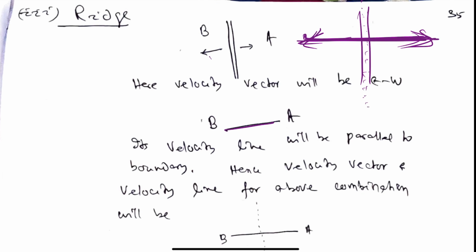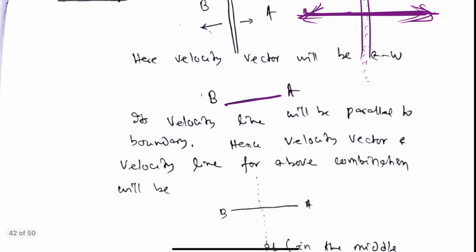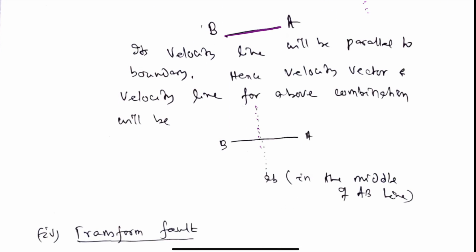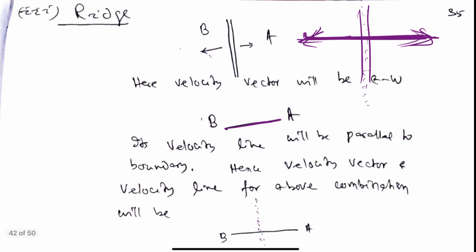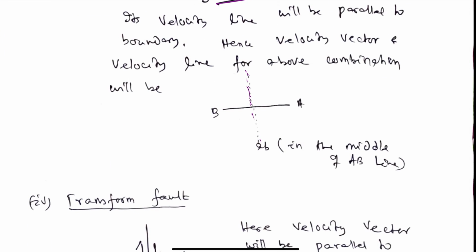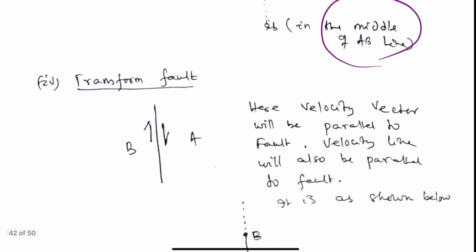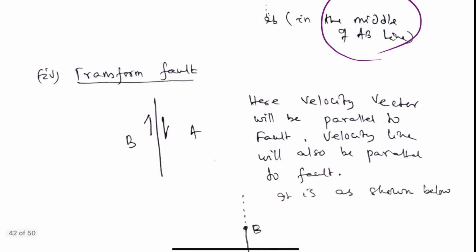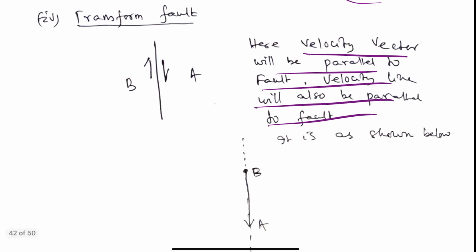So BA is the velocity vector, and AB passing through the middle of this velocity vector is the velocity line. In case of transform fault, both velocity vector and velocity line run parallel to each other. This has been shown here.